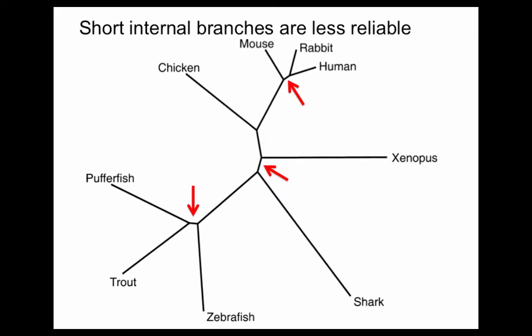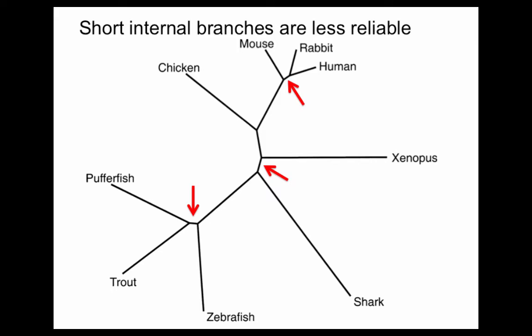So that's not an internal node. From mouse to this one, that's not internal. Chicken, this one's not internal. But anything between most recent common ancestors, this guy, that guy, that guy, those are internal nodes. If it touches a leaf node or a node with a name on it, it's not an internal node.